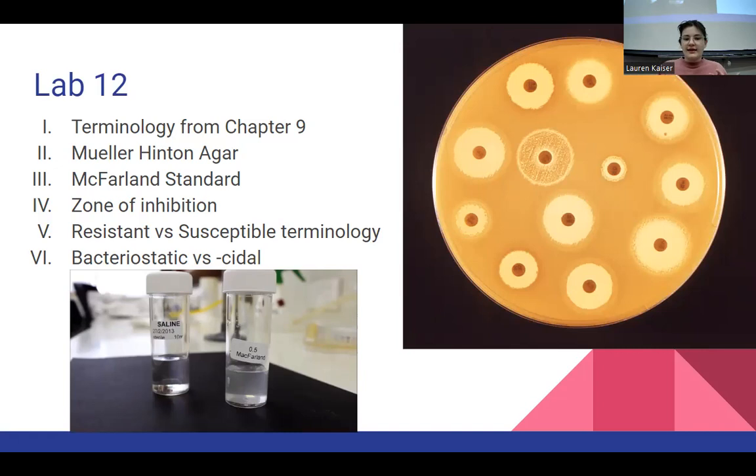If you think about it that way, then you're going to say, okay, the antibiotic didn't even touch this microbe, so the microbe's pretty strong. So you can say the microbe is resistant to the antibiotic, or vice versa. So let's say you made a lawn, but then nothing grew because of this one disc. Man, that antibiotic is tough. That means the antibiotic is resistant to the growth of that bacteria.